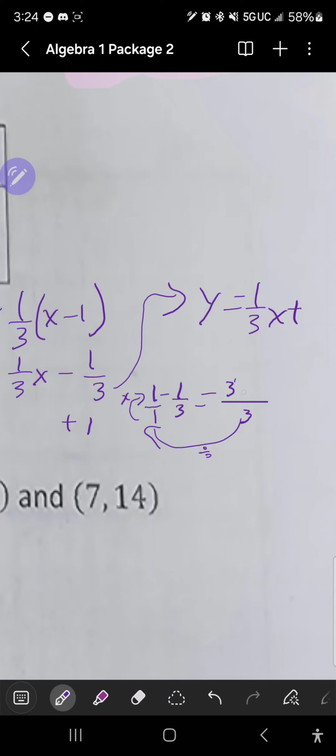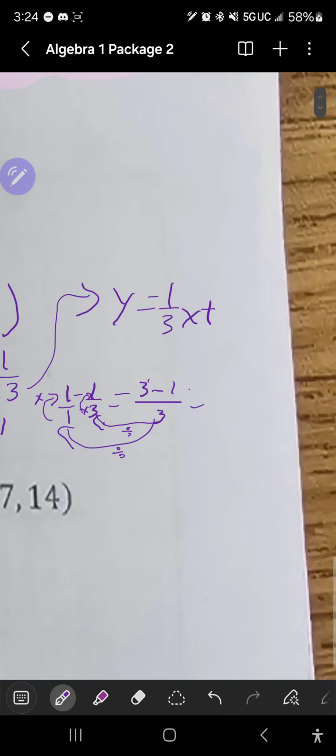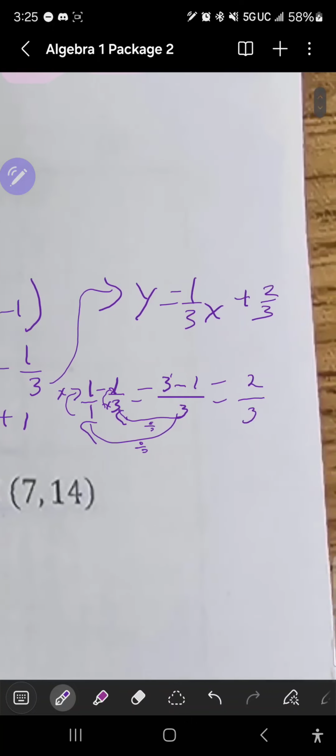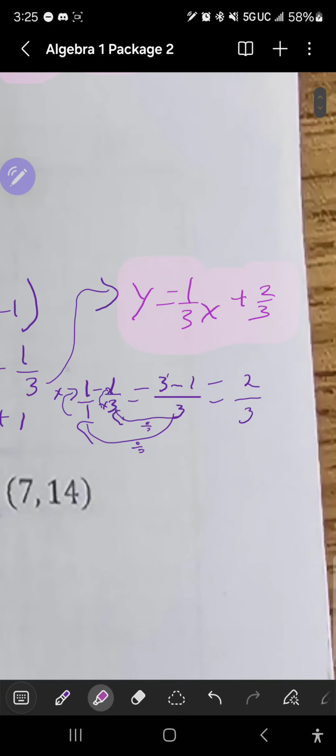So this is going to be 3 minus, since we keep the sign, 3 divided by 3 is 1. 1 multiplied by 1 is 1, so 3 minus 1. Now, 3 minus 1 is 2, and we keep the denominator, which is 3. So this is going to be 1 over 3x plus 2 over 3. And that's the equation.